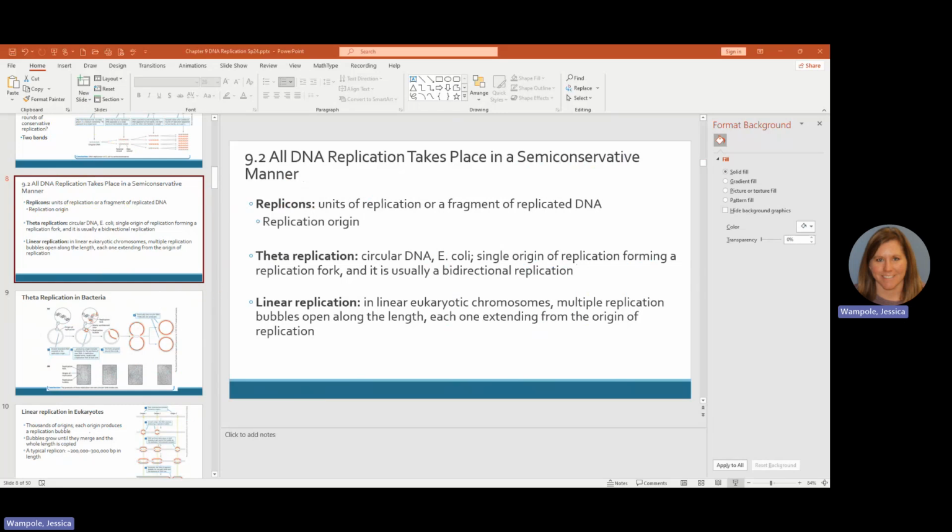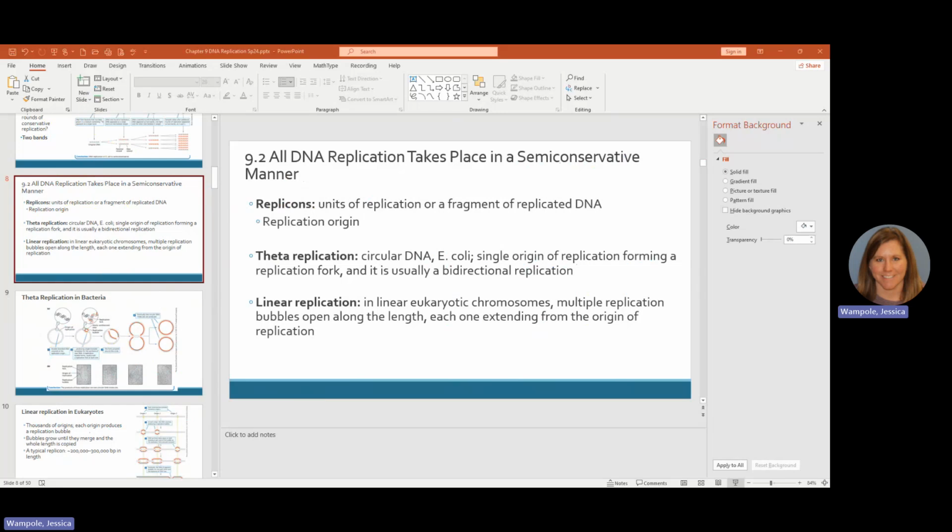And then D would be the leading strand for the bottom. I'll come back, don't worry. And then the opposite quadrants are what we call the lagging strand. So the lagging strand is the one that's going to be made discontinuously.